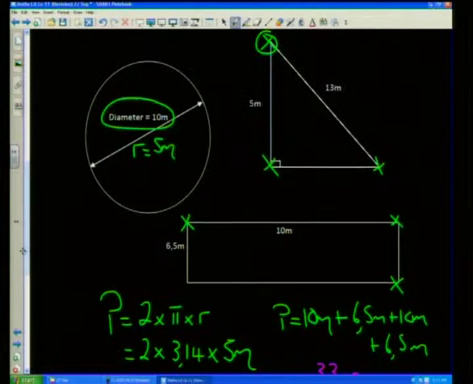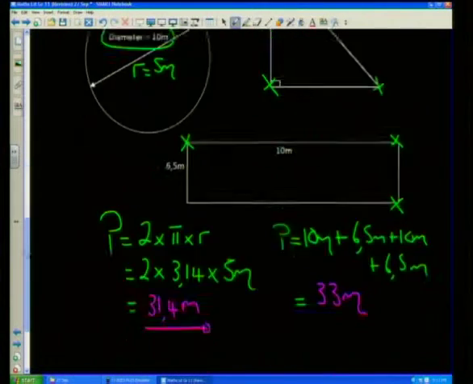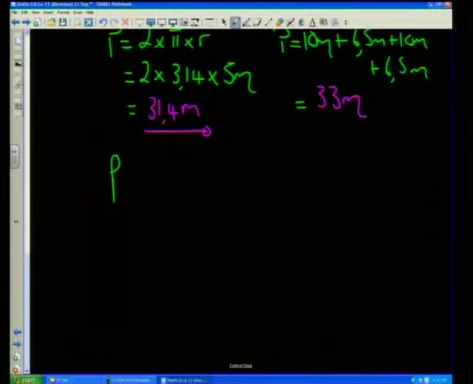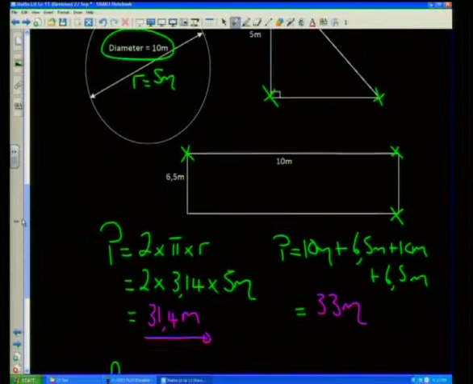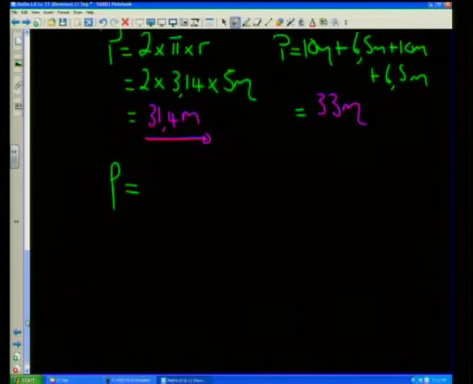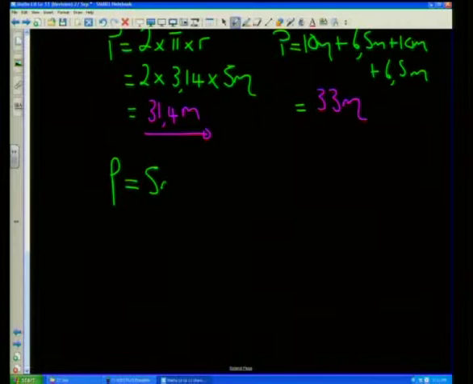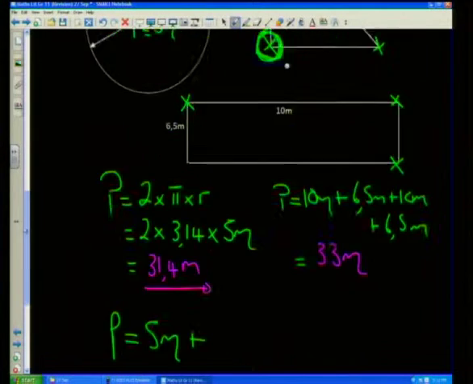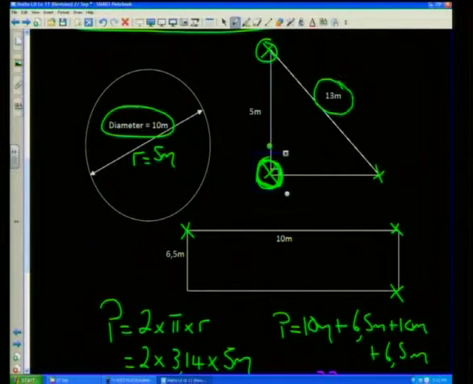Now we know the perimeter of this triangle, perimeter equals, and let's add it up. So if we're going to start at this point, let's start at this point, shall we? Okay. We know we've got 5 meters, so I'm going to say I've got 5 meters plus this other side here is 13 meters.